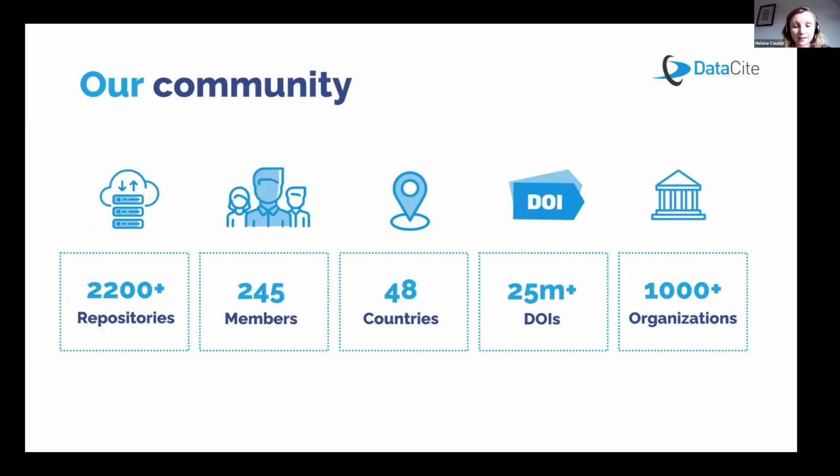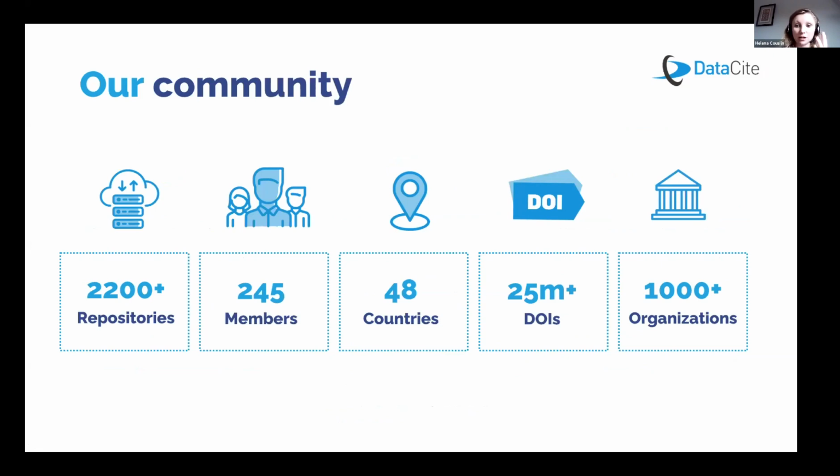So as I already said, we work with over 2,000 repositories in 48 countries, so really globally. And something that I think is important in this context is we work with over 1,000 organizations, but we have 245 members. And that is because there are two types of membership.